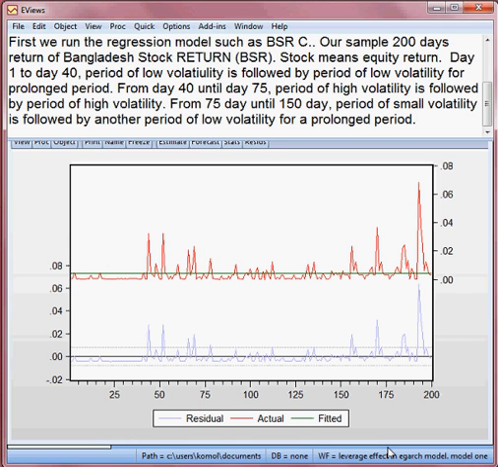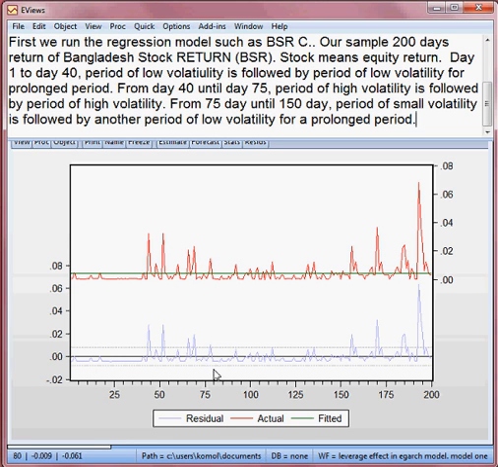So actually what we have seen, from day 1 until here, a period of low volatility is followed by a period of low volatility, and again from here until here, a period of high volatility is followed by another period of high volatility.